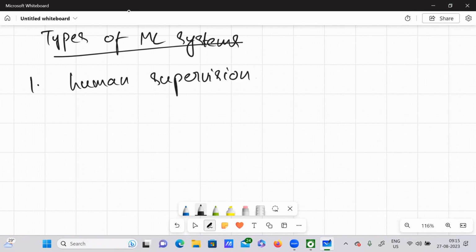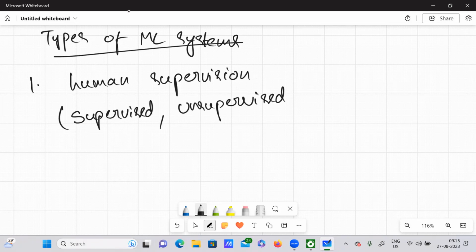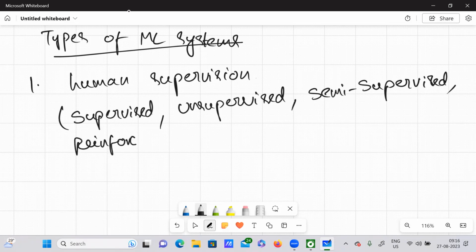depending upon this human supervision, they have been classified as supervised, unsupervised, semi-supervised, and also reinforcement learning.